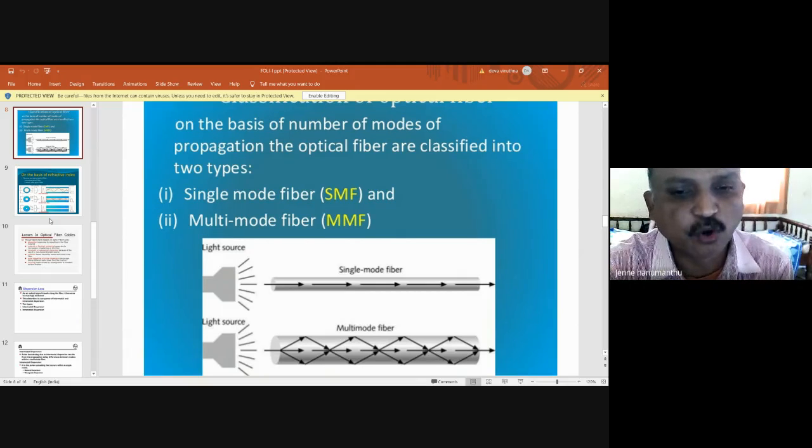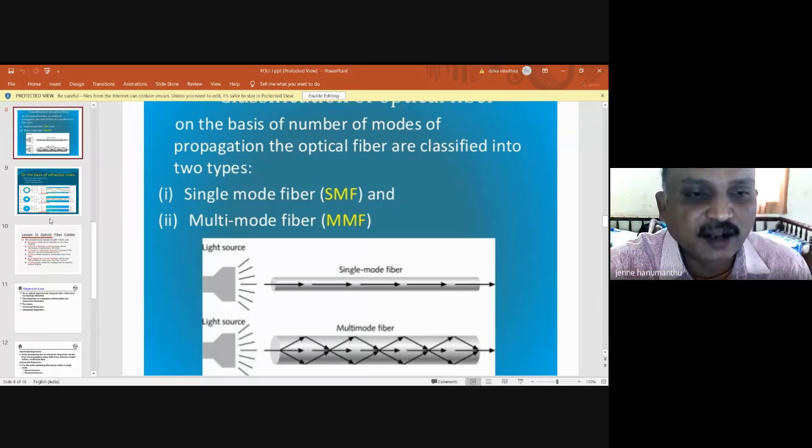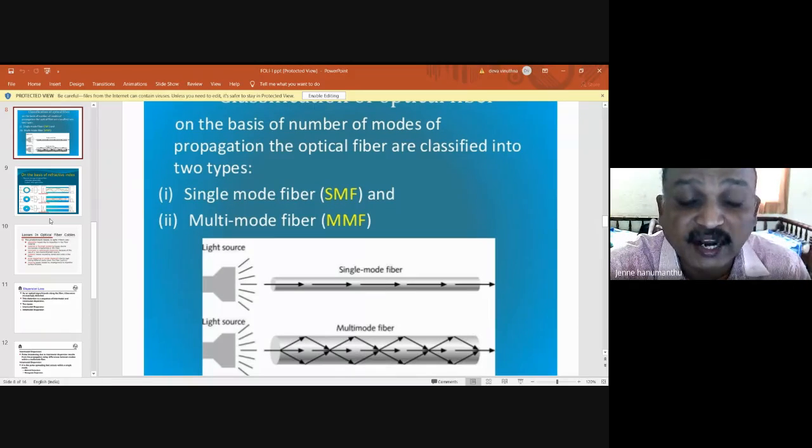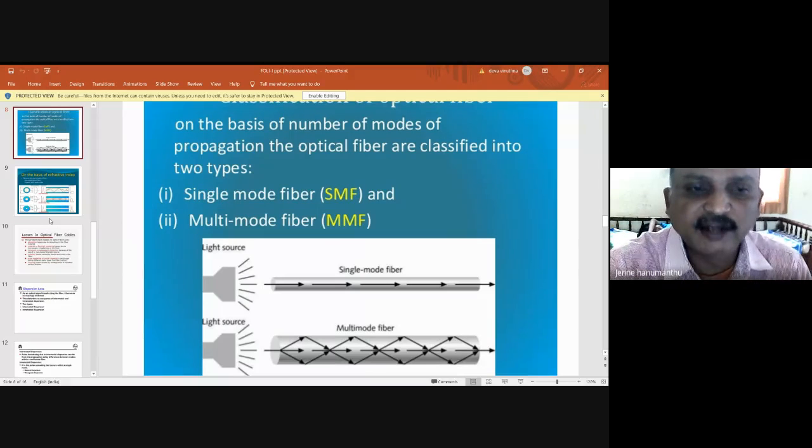If the light is within the core and is totally reflected and propagating, that means no loss. But what happens when some of the light enters into the cladding section? Listen carefully. When the light enters the cladding section, that is called loss.